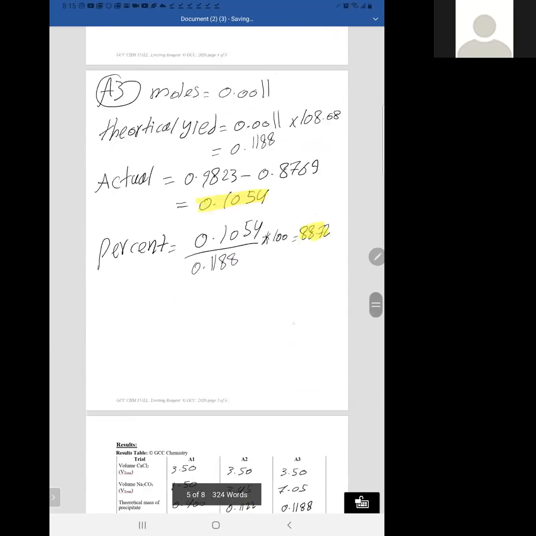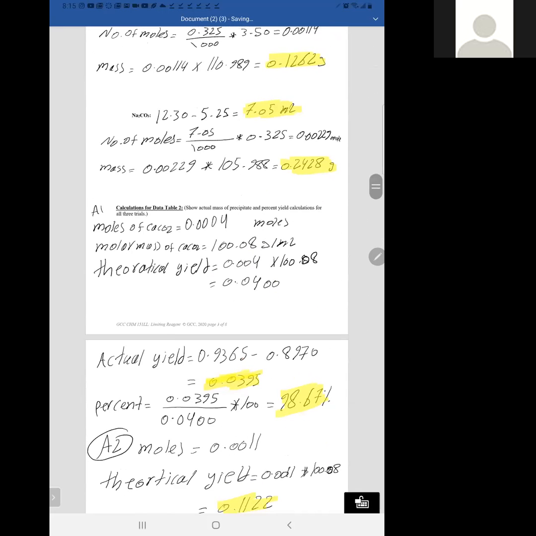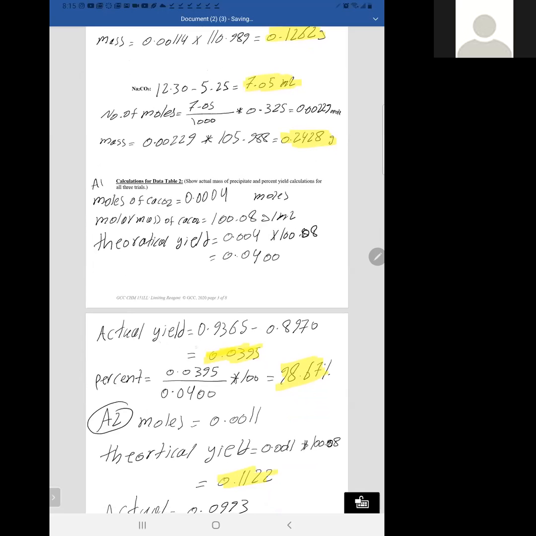So yeah, we chose this one. So after that, we are gonna multiply by the molar mass of the CaCO3, which is 100.08, and we get 0.0400. This is the theoretical yield.